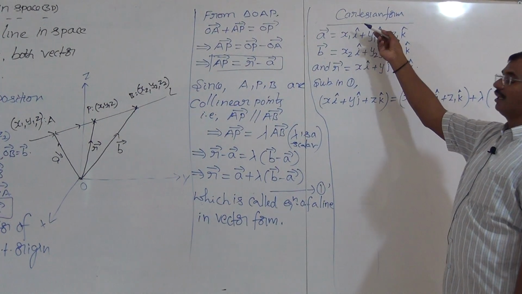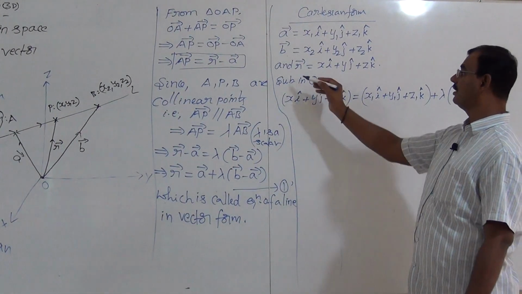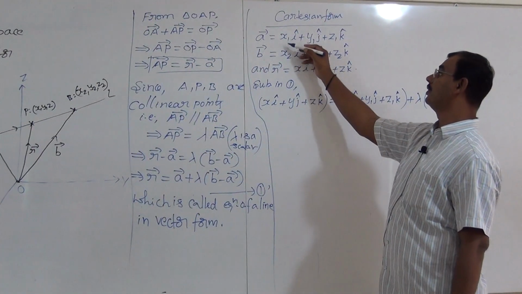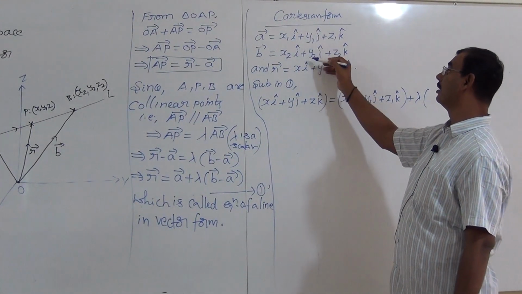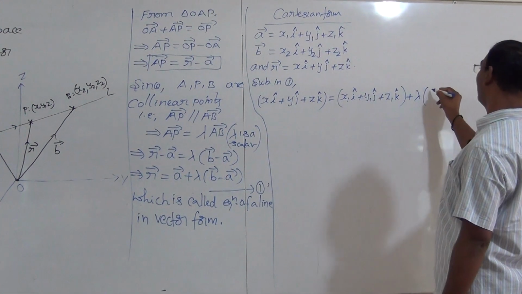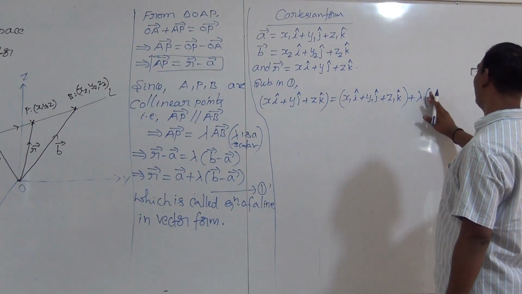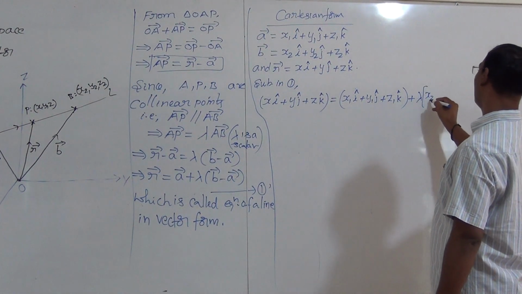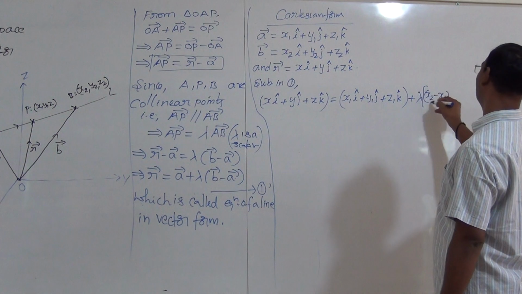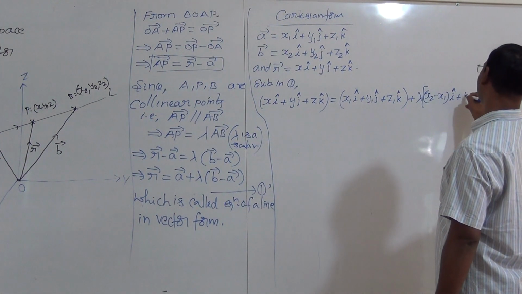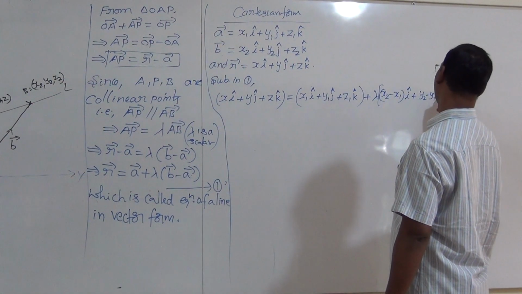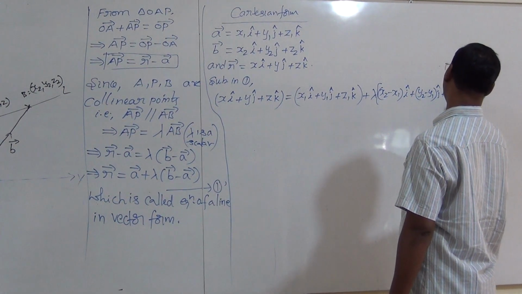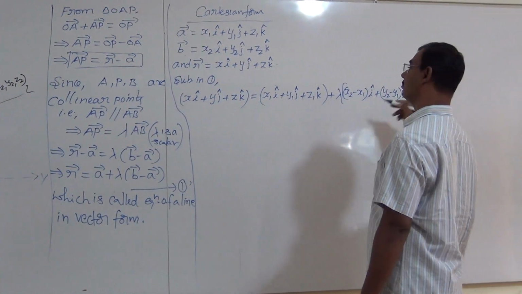If you want, substitute directly. Otherwise, we can write one more step also. B bar minus A bar, substitute: x2 minus x1 into i cap plus y2 minus y1 into j cap plus z2 minus z1 into k cap.